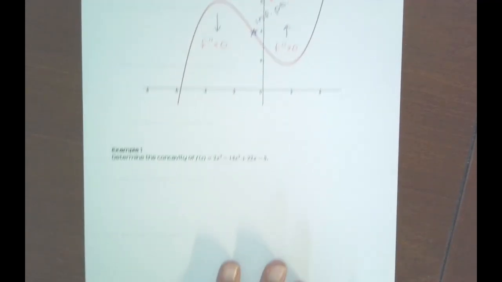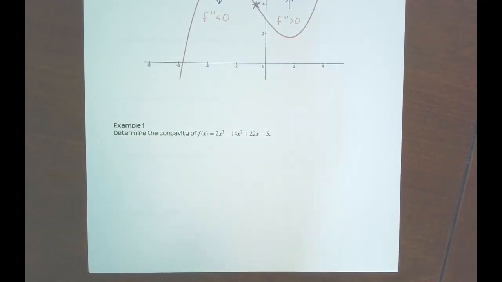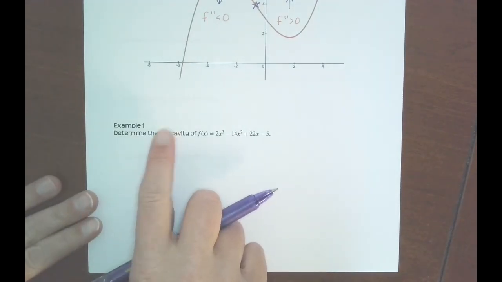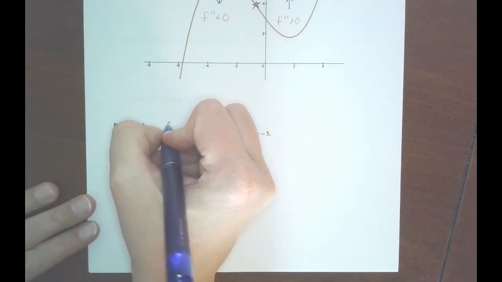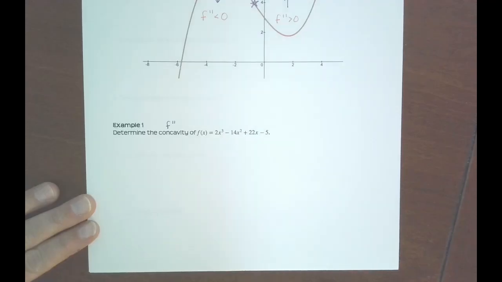Let's take a look at this example 1. Again, this should feel very similar to what we did yesterday with the first derivative. If we're talking about concavity, we need to be looking at a second derivative. As soon as you see concavity, you should be thinking, all right, I need a second derivative.